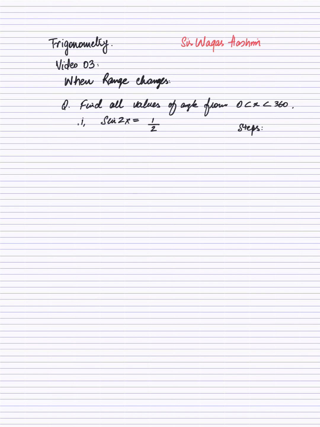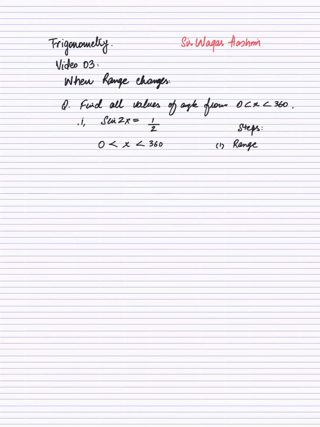Alright, now the first step is you need to highlight your range, and how you are going to do that is very simple. You need to observe the range given here, right? It says that x is from 0 till 360.